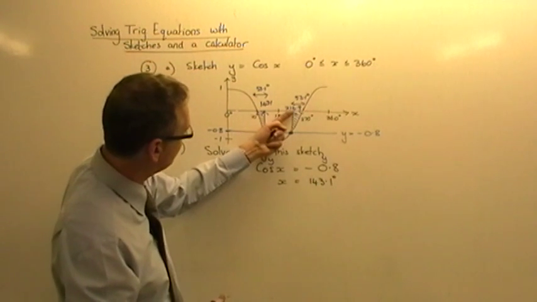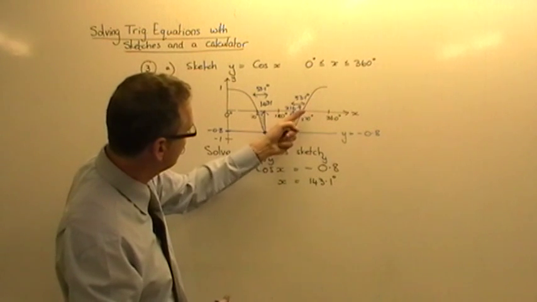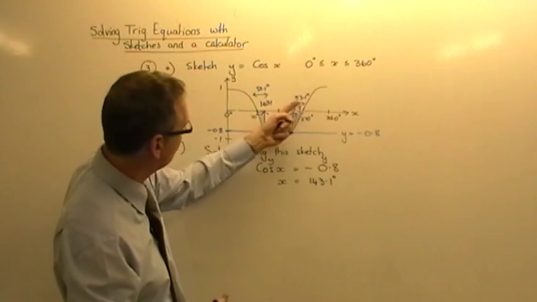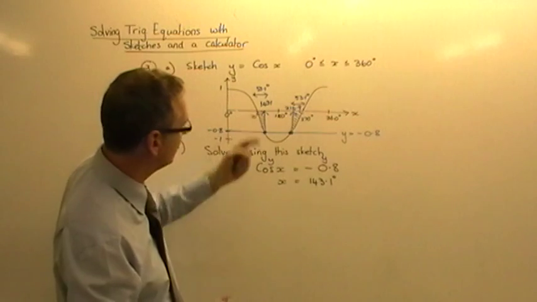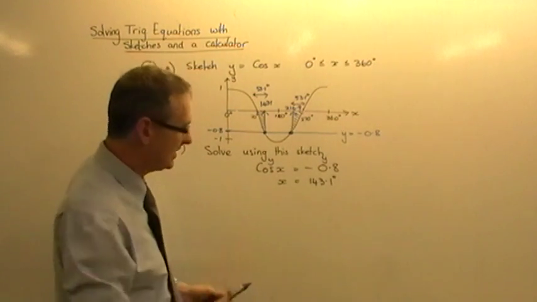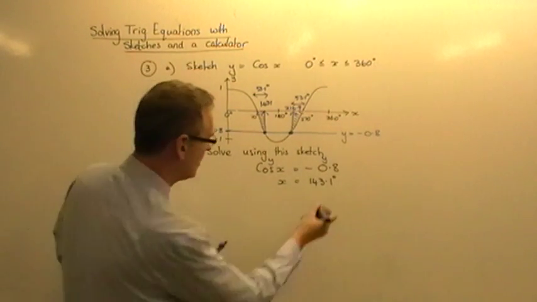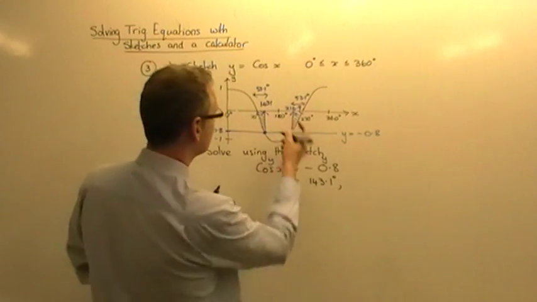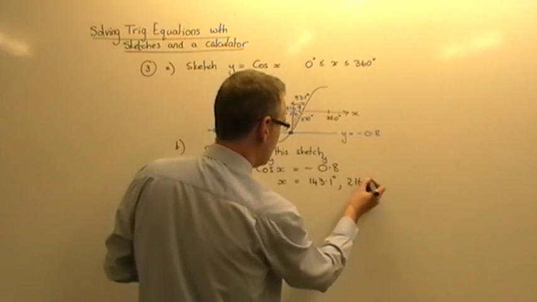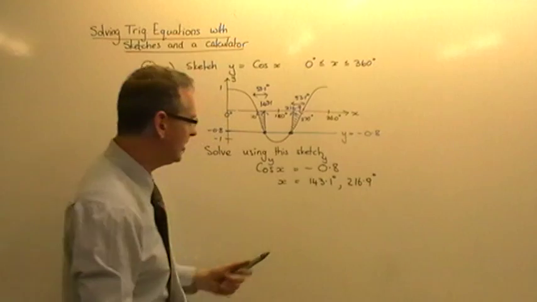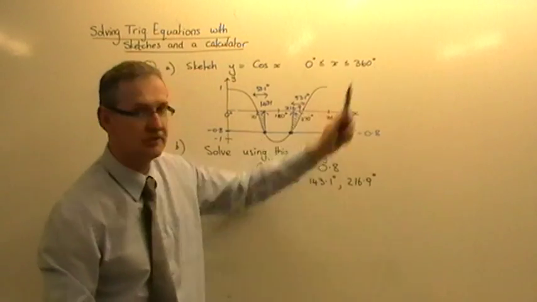So that's 216.9, that's 270. The gap between them is 53.1, the same as this gap over here from symmetry. So the second answer for this particular equation, which I'll now put after a comma, is 216.9 degrees. And there you go, both of those lie within the range 0 to 360.